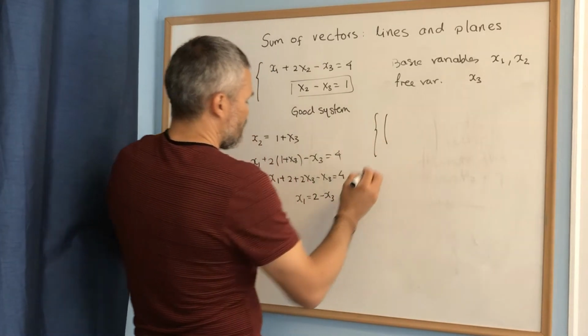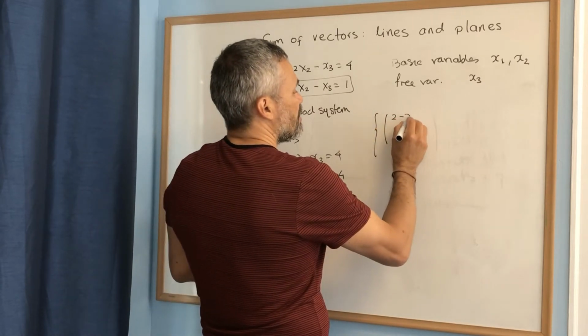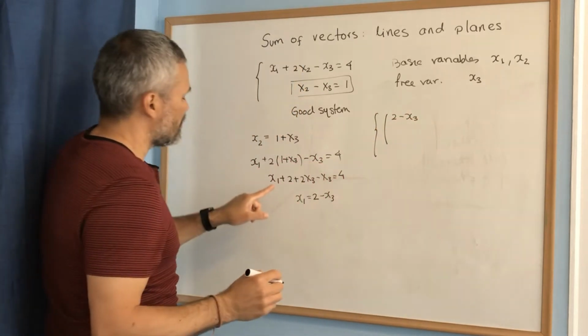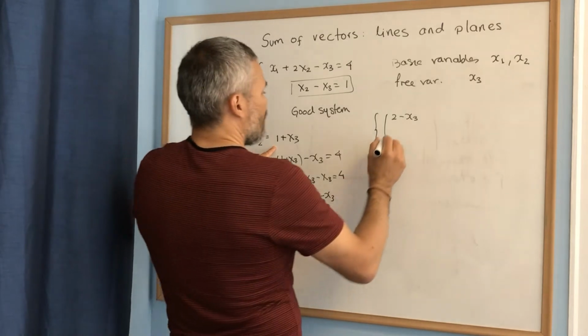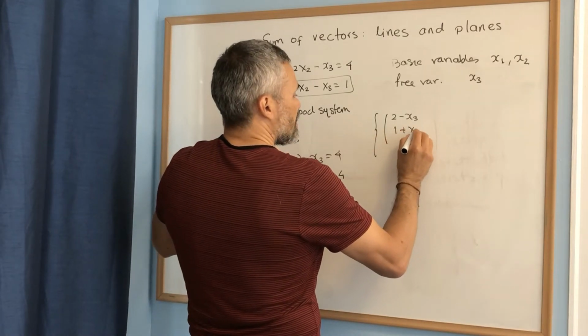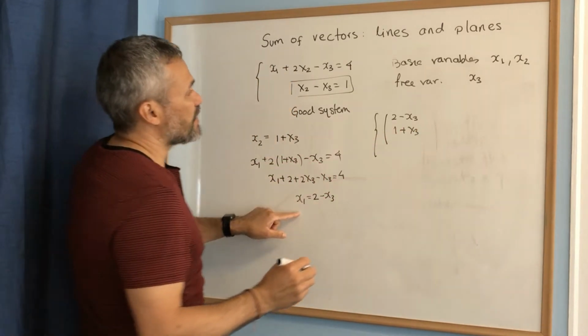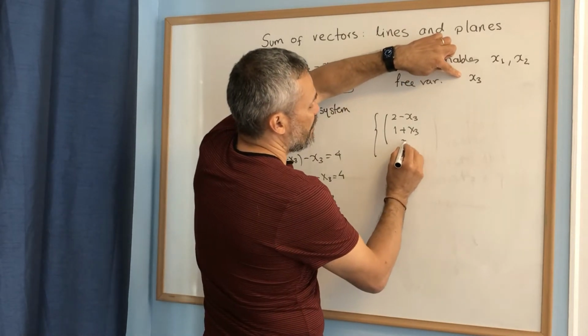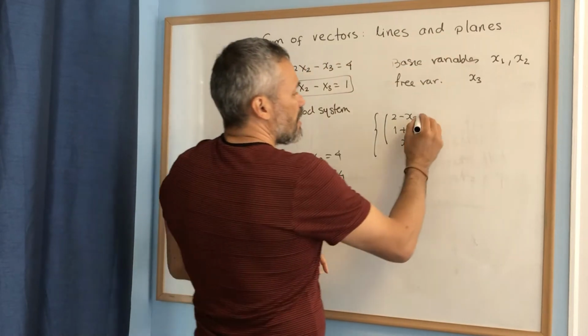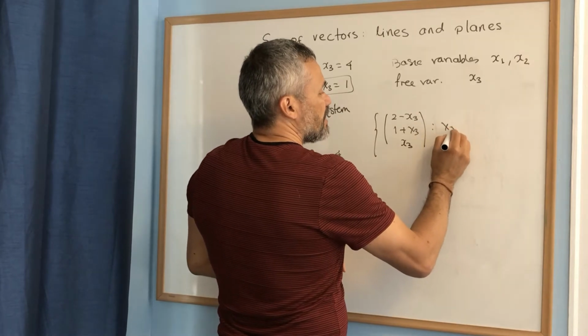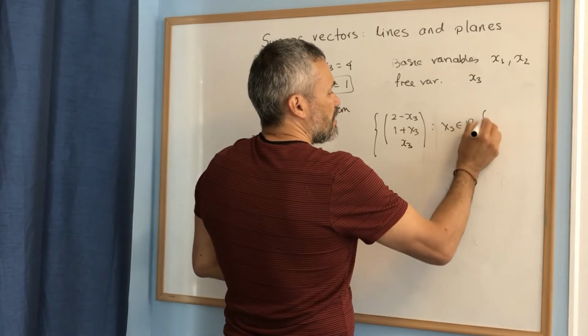Instead of x1, I write 2 minus x3. And instead of x2, I write 1 plus x3. And instead of x3, since x3 is the free variable, I just write the free variable. And then this is such that x3 is a real number.